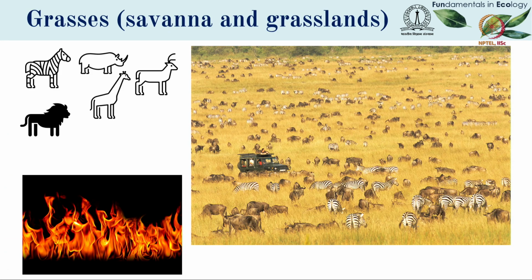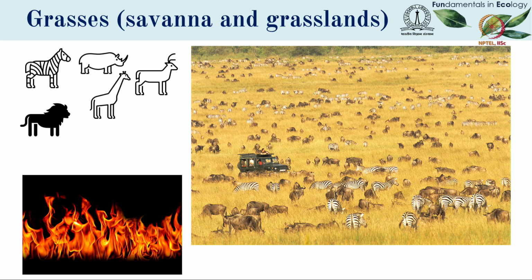Now let's look at another type of plants, another type of ecosystem. Instead of trees, now we look at grasses, and two grassy ecosystems that are very common are the savannas and the grasslands. Grasslands are ecosystems which rarely have any trees, they are almost entirely made up of grasses. Savannas have a scattering of trees, so they don't have a continuous layer of tree cover, but they have a few scattered trees.